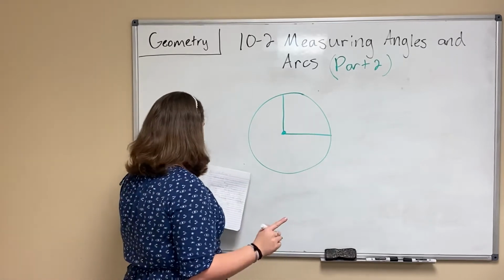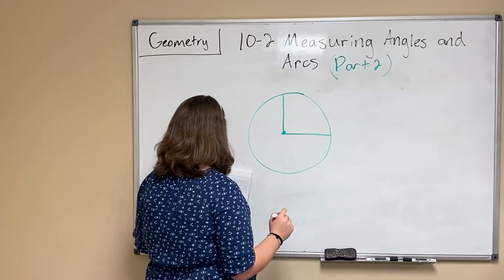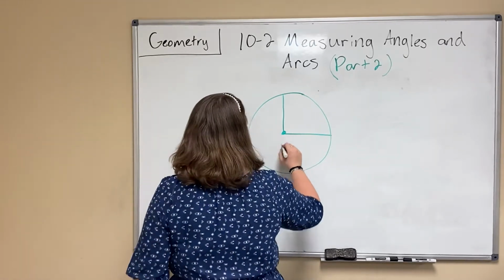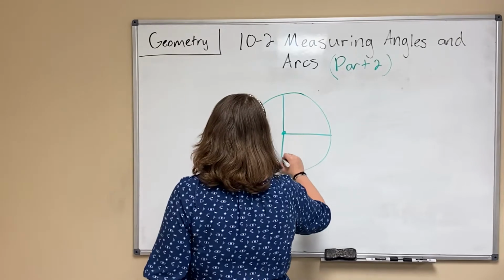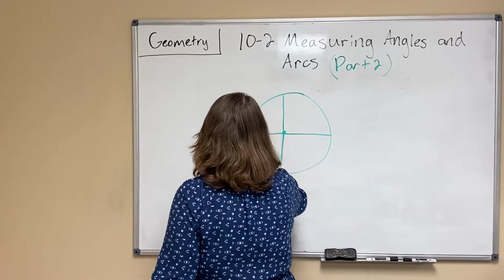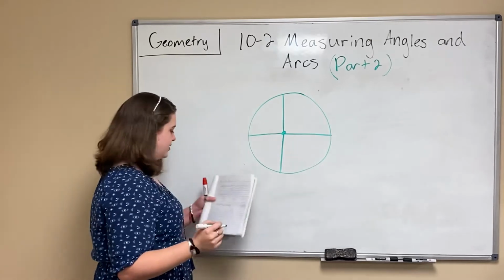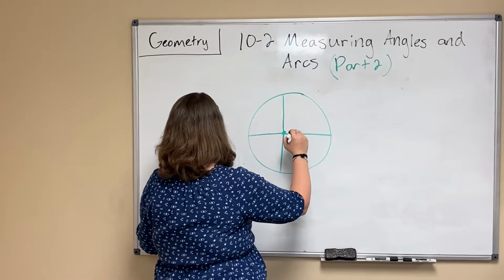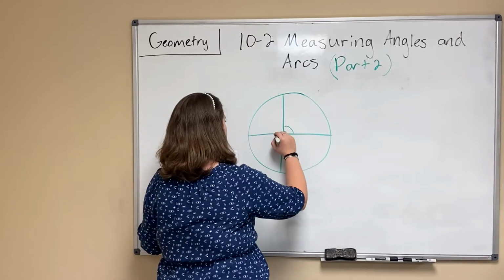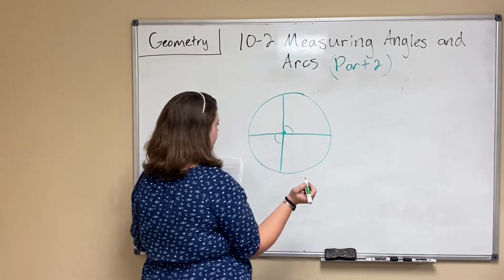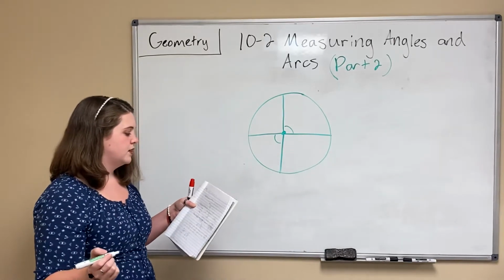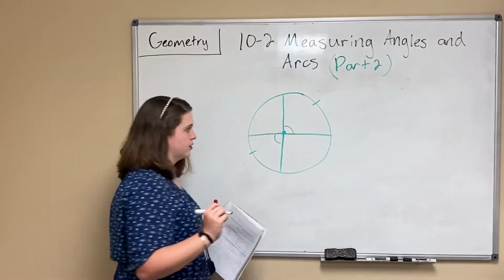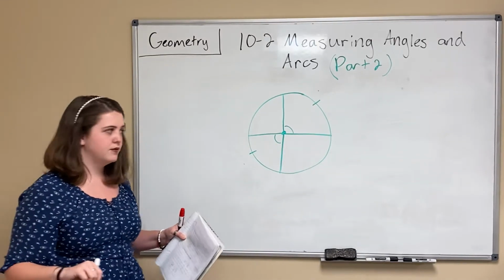Something else to note is if we have congruent arcs. I know it's not exactly perfect, but if I told you that this angle and this angle are congruent, then I'd also be telling you that this arc and this arc were congruent. That makes sense.